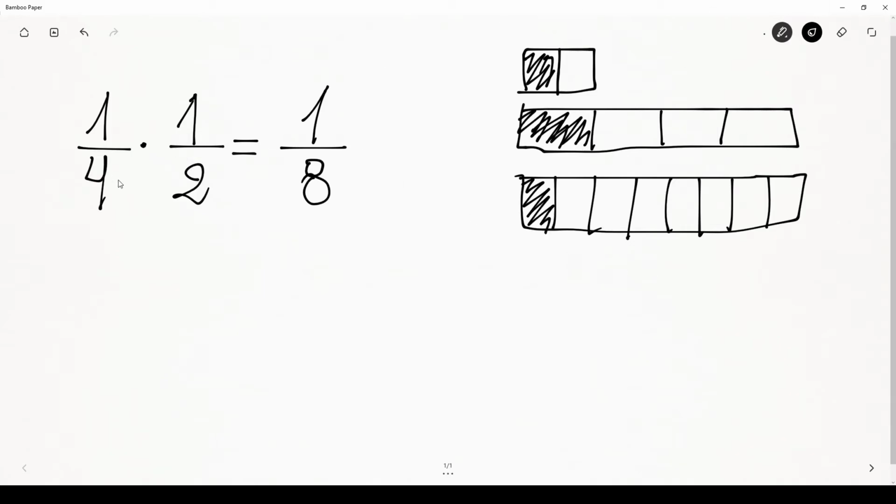So what this is saying is this is taking half of this 1/4 that we already have. We had this 1/4 and we take half of it. So we have 1/8 of the original piece. So this is just taking half out of this thing.